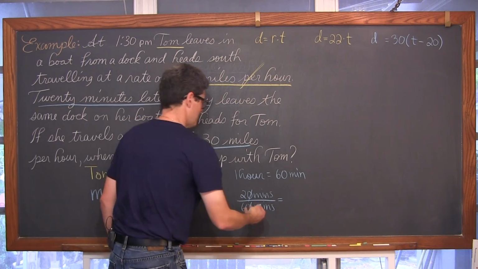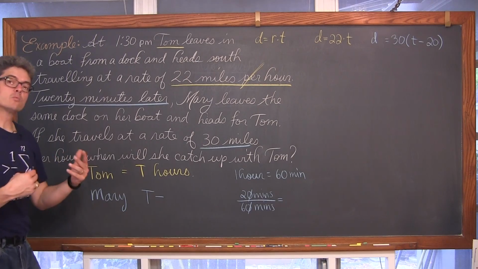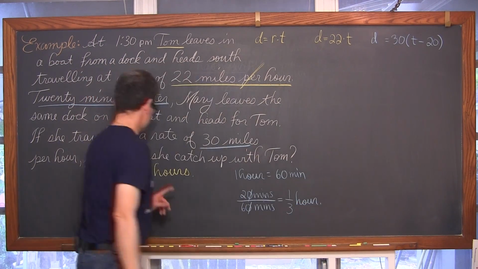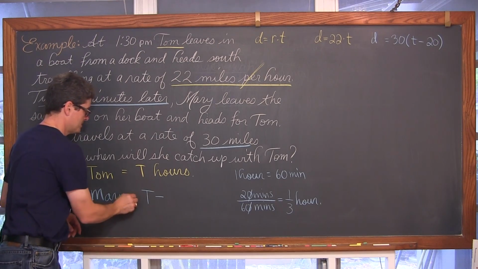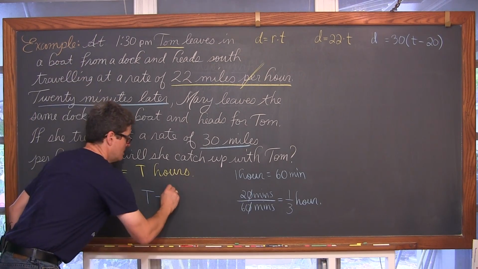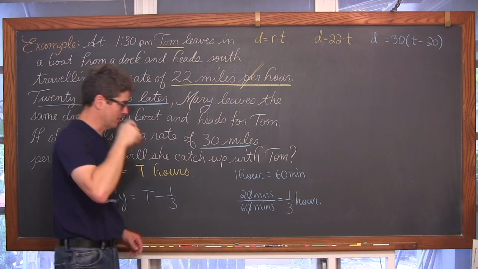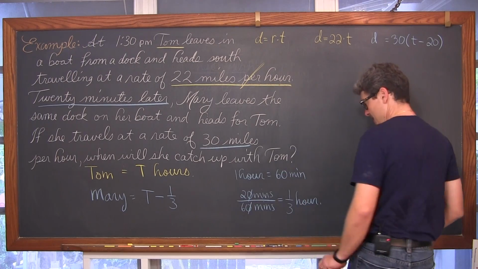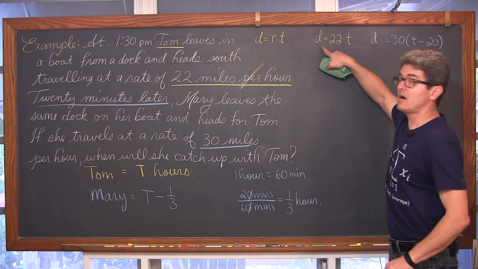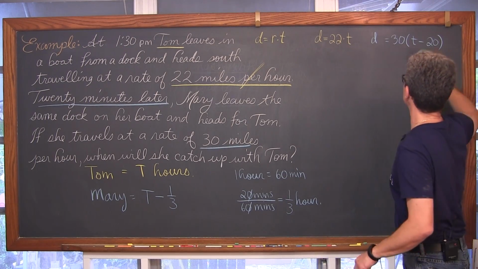So that means 20 minutes later is 1/3 of an hour later. So Mary traveled whatever amount of time Tom traveled minus 1/3 of that hour. Now here we go. So we've got Tom traveled a distance at 22 miles an hour for a set period of time.